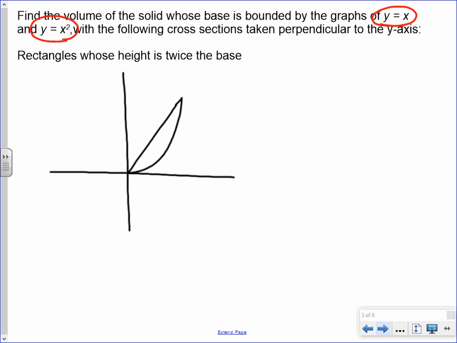Y equals x and y equals x squared. What a great region, right? Nice and simple. Now, our cross sections are perpendicular to the y-axis, which means we have rectangles drawn in here with thickness dy.